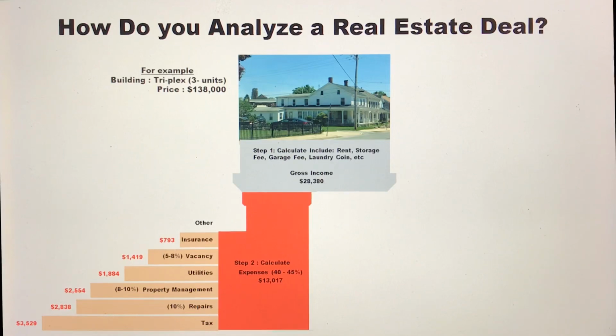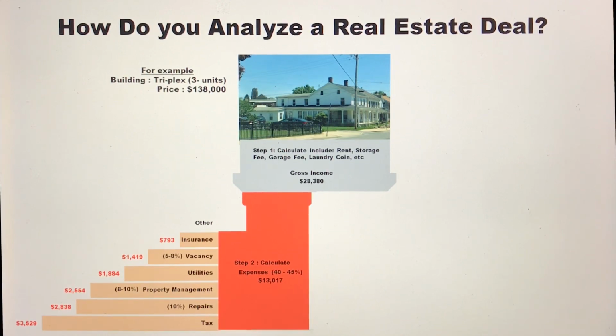Utilities. This is something you get from the realtor: how much the owner paid in utilities for this particular property. Utilities include electric, gas, water, sewer, and trash. Most of the time, electric and gas are on the tenants, so you don't count those in your analysis if the tenants pay them.